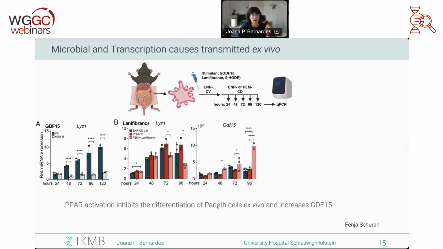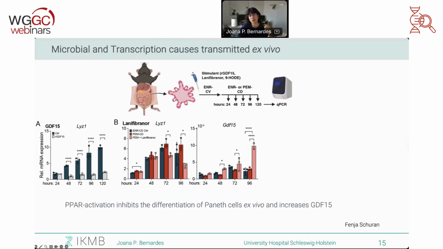Then we added lanifibranor and saw the same thing: this PPAR agonist in organoids from PEM leads to a decrease in LYZ1, the biomarker for Paneth cells, so potentially in the number of Paneth cells.